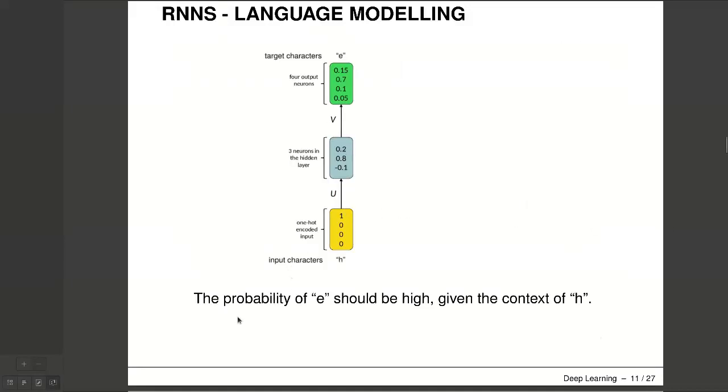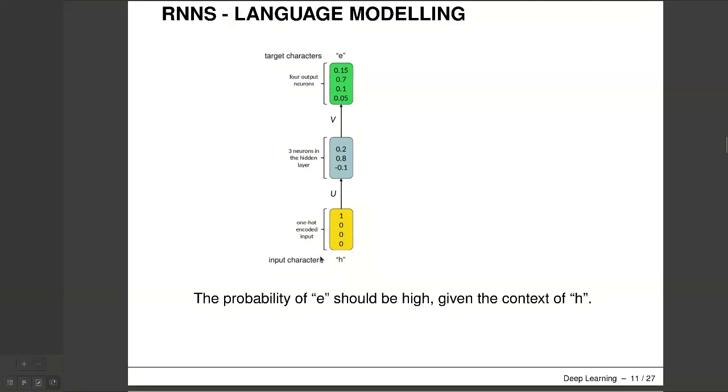To this end, we first need to create the one-hot encoded input. We have four characters, therefore our one-hot encoded vector has a one in one of four positions, and for the first letter we have 1000.